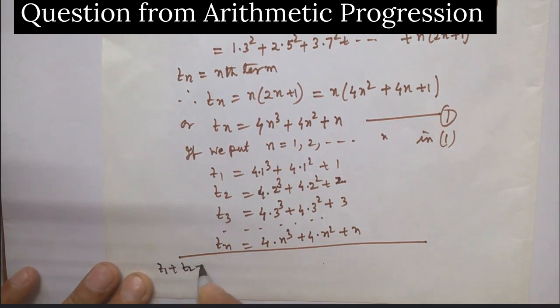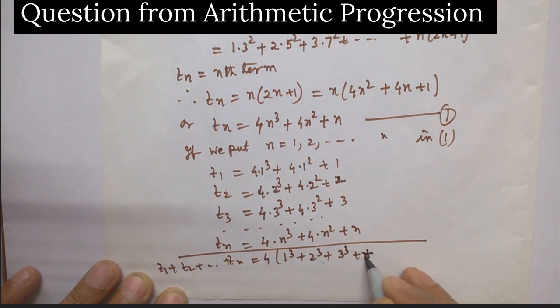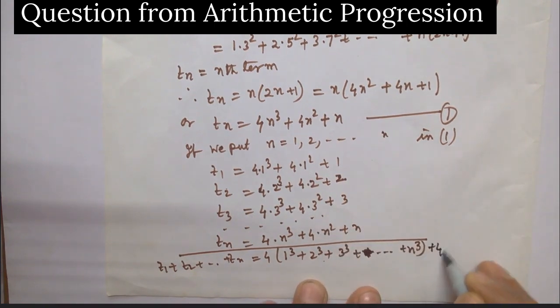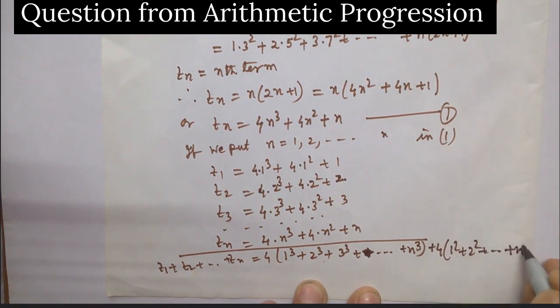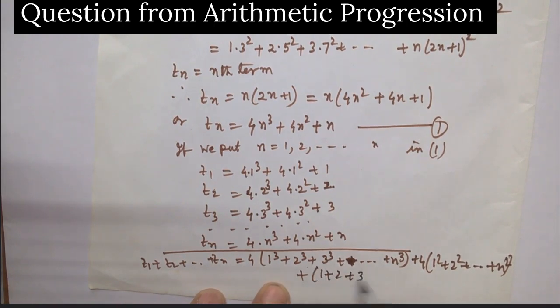On the right, 4 times (1 cube plus 2 cube plus 3 cube plus up to n cube), plus 4 times (1 square plus 2 square plus up to n square), plus n.